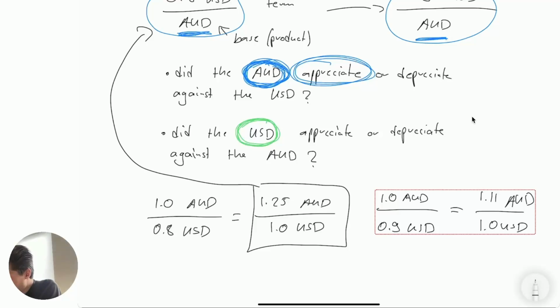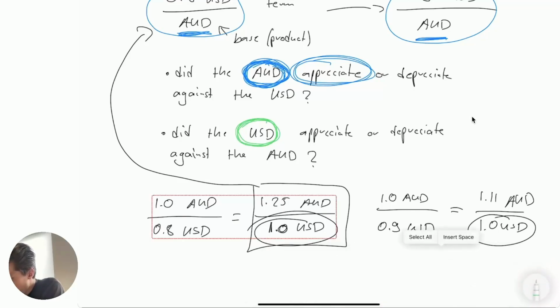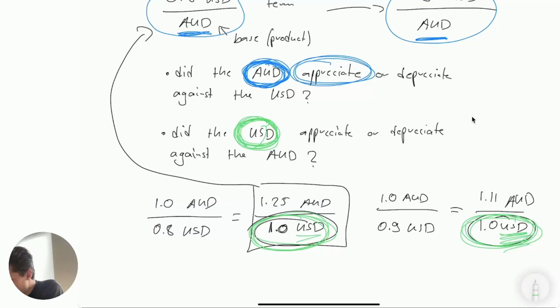Yeah, it's exactly the same. Here again, important, your base currency, your product, is here and here, and has the value of 1, which is always important. So if you want to answer a question about US dollar, then the first thing you do is change your exchange rate to have your product in the denominator.